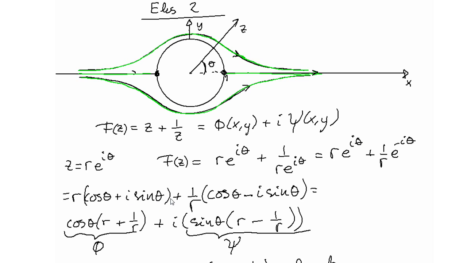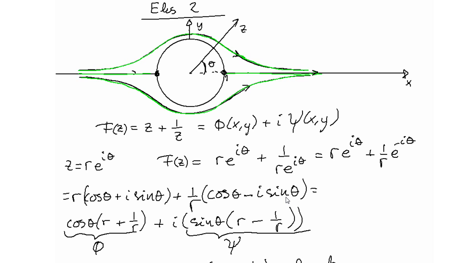So doing this, replacing here this by the cosine of minus theta, which is the same as cosine of theta, and we have plus i sine of minus theta, which is the same as minus sine of theta.